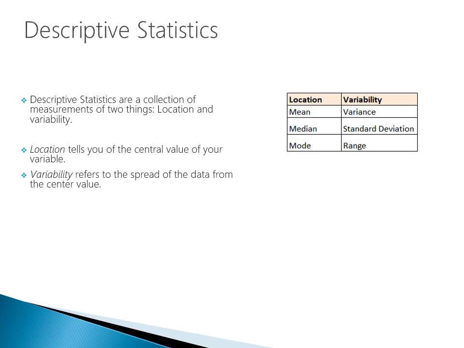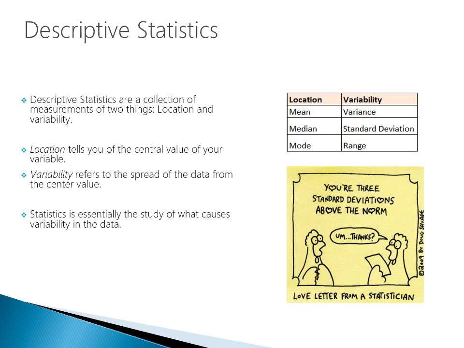These concepts are important to think about as you're walking through the next series of slides. Statistics is essentially the study of what causes this variability in the data itself. Now, I'm sure I'm dumbing down the profession to a very simple statement here, but I think that captures the essence of what statistics really is.